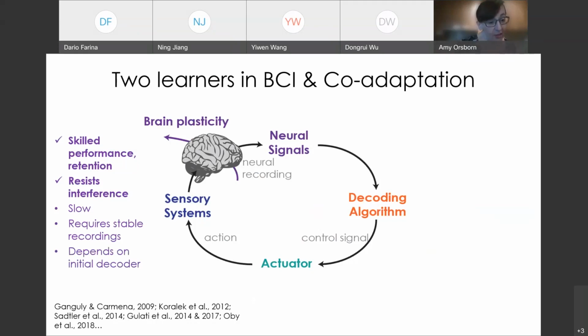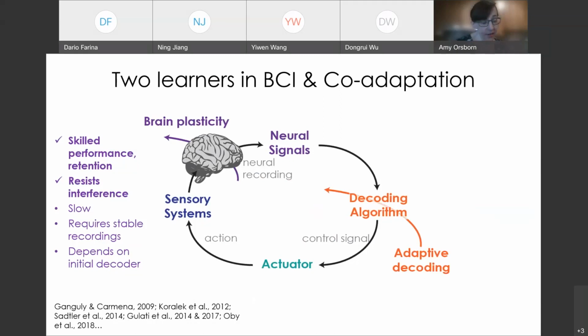And also, some interesting evidence suggests that not all decoders and BCIs are equally learnable. So it's not obvious how to design a BCI ahead of time to make sure that the brain can reliably learn this skill. But fortunately, the brain is not the only learner that we have in a brain-computer interface.